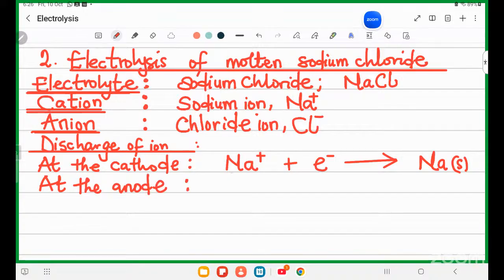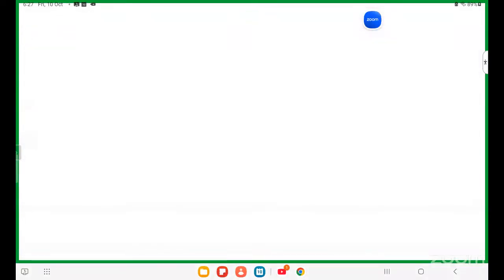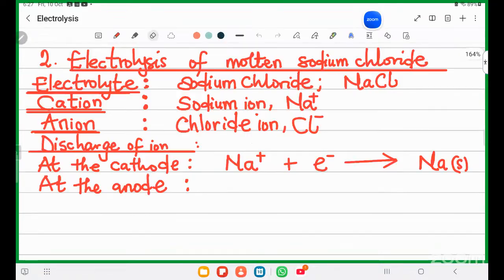The anode is positive, so it will attract the negative ions. What will it attract?